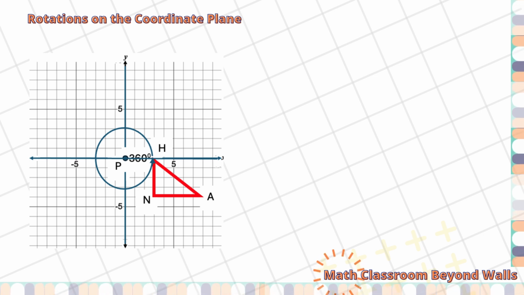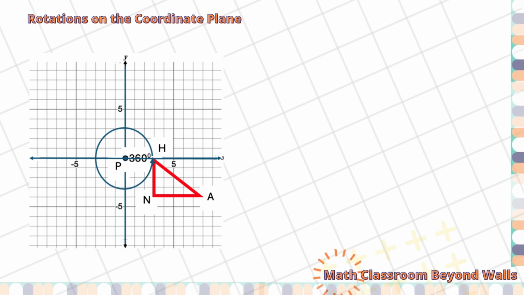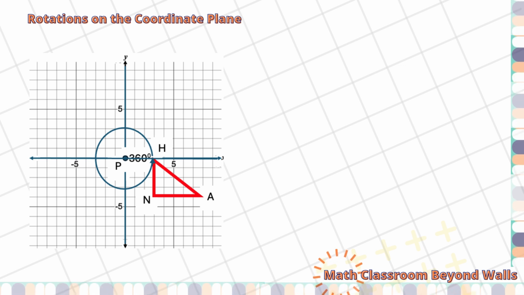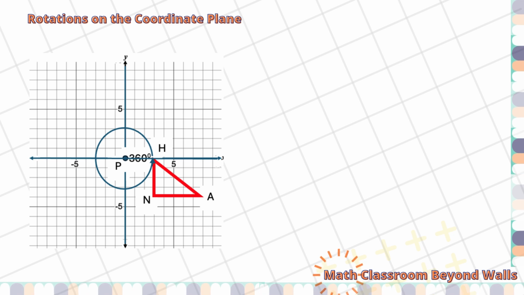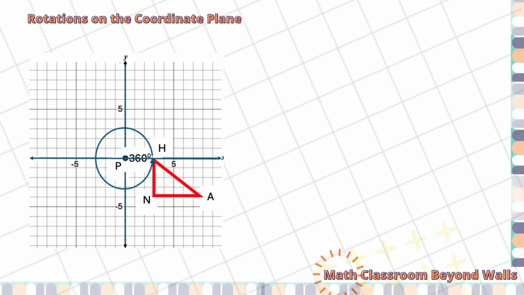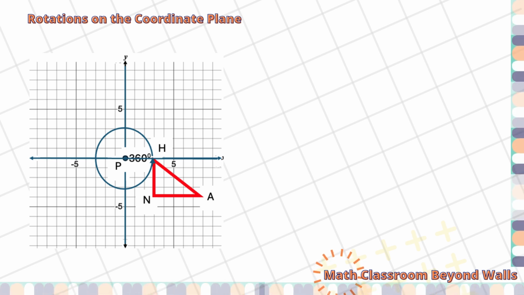Now for a 360-degree counterclockwise rotation, where do you think will the image be located after the rotation, learners? Okay, let us do the 360 degrees counterclockwise rotation on triangle ANH for us to know where its location will be after the rotation.